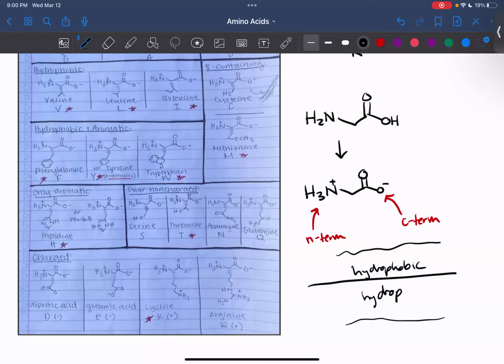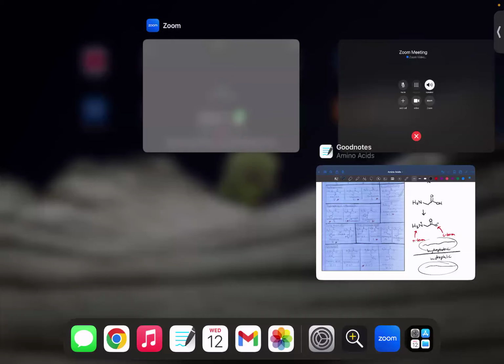So this is water, and then this is something else. You can start building these peptides to have different properties. So let's go back to Zoom here.